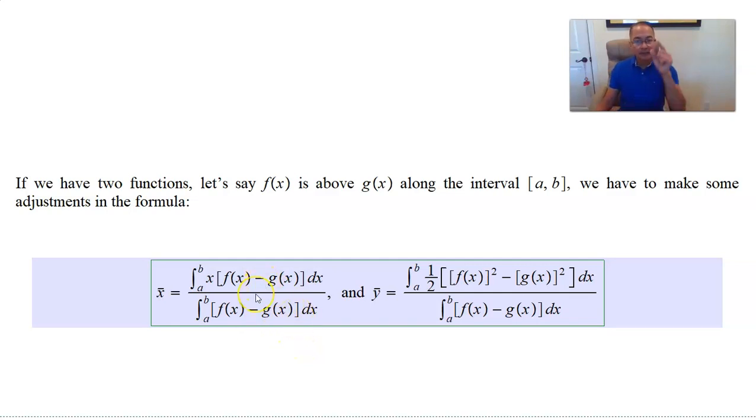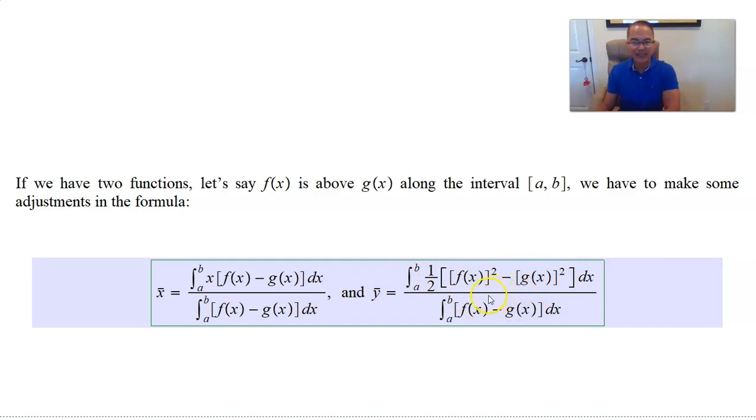Okay, the distance from the rectangle to the y-axis is still x, xi to be more precise. So the numerator for x bar is the same integral where we had f of x times x, but this time there's a minus g of x. Okay? This one is a little bit trickier to understand, and I want to explain it to you.